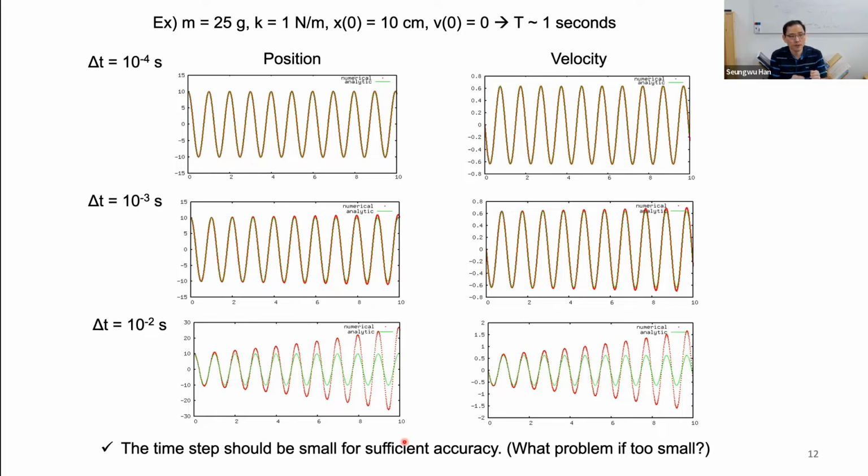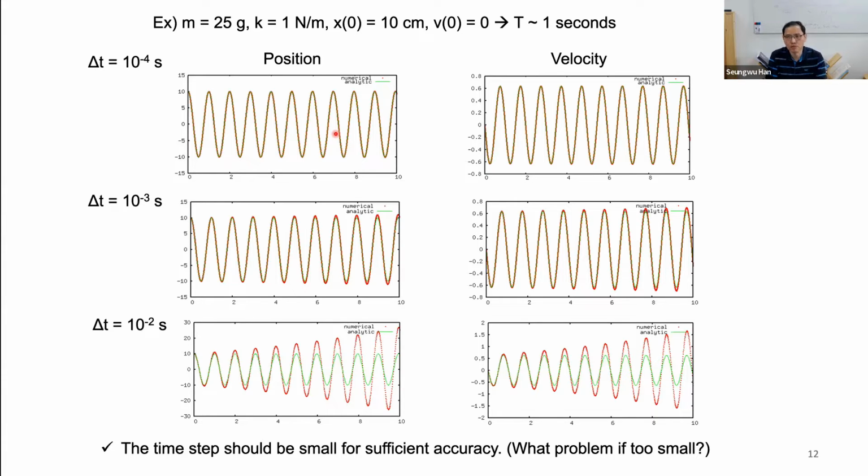For example, if your delta t is 10 to the minus 6 second, then for just 1 second of simulation, you have to go through 1 billion time steps, which is a huge computation, right? So there should be a trade-off between the small time step with high accuracy and the large time step with high speed. In this case, 10 to the minus 4 was what we had to use.